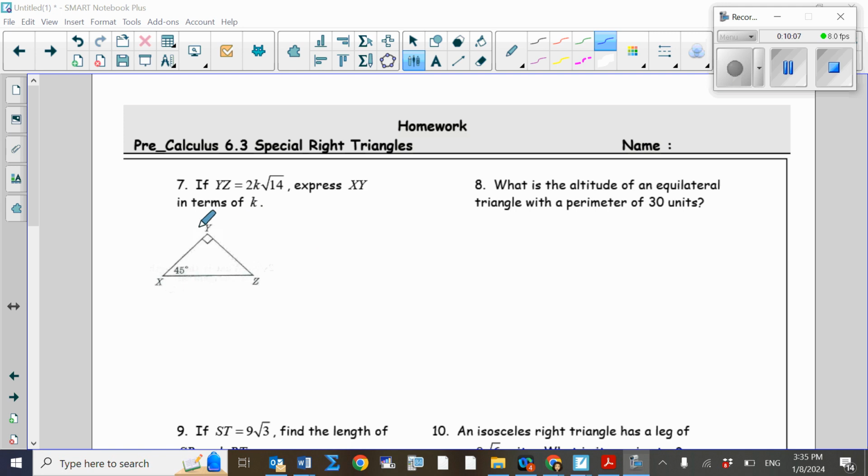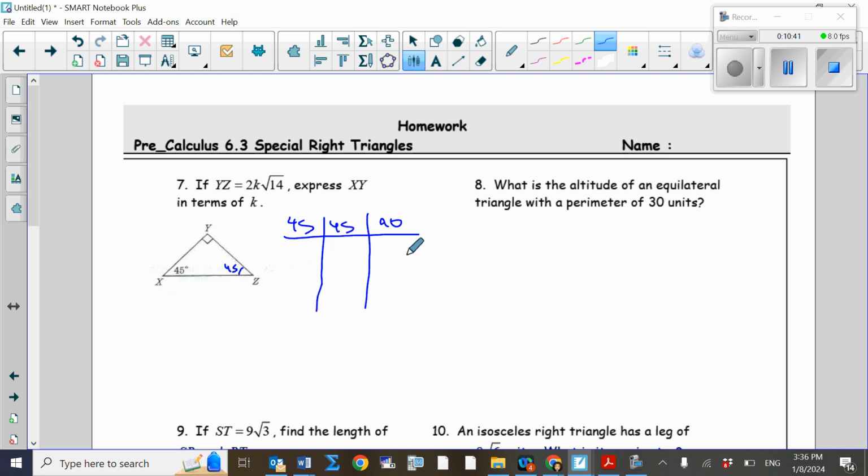Okay, let's work on this question. Number 7. So we have a right triangle. This is 90. This one is 45. Of course, the other one should be 45 because otherwise the angles do not add up to 90. So this is a 45, 45, 90 triangle. And I'm going to start with this table, 45, 45, 90. The ratio of the sides, I could use x, I could use k.